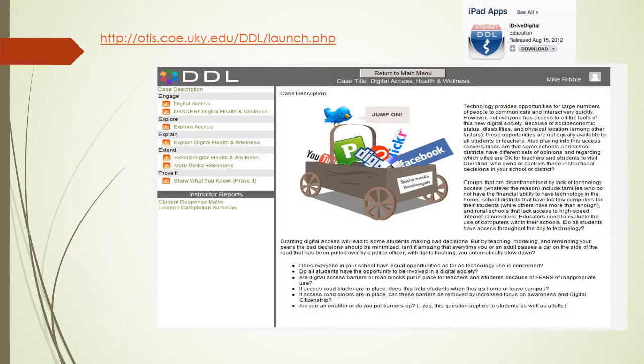So how do we? There are many organizations that are out there that have started on this. One of the best that I've seen is the University of Kentucky. And if you go to this site at coeuky.edu, go to their DDL site, it's their digital driver's license. And they are going to talk about these 9 elements that we just went through. And they have little descriptions and case studies that they have put together on these different ideas.